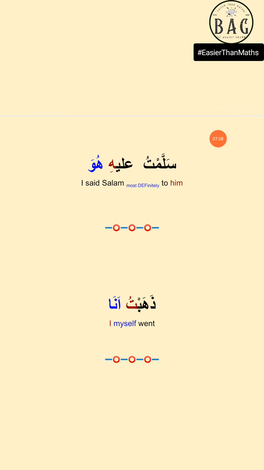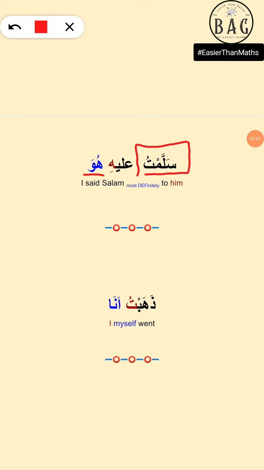Now, remember how I told you that pronouns can also be used as emphasizer, right? So here we have it. Okay, sallamtu, once again, this is the fail mazi, and the rafa pronoun that's embedded in this sallamtu is ana. Why? Because of this tu.